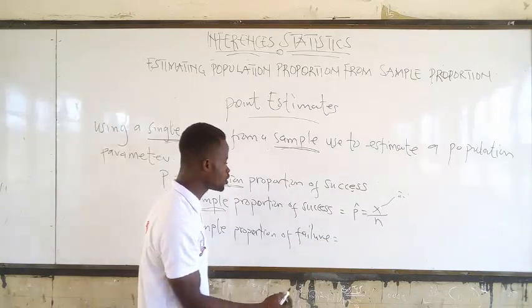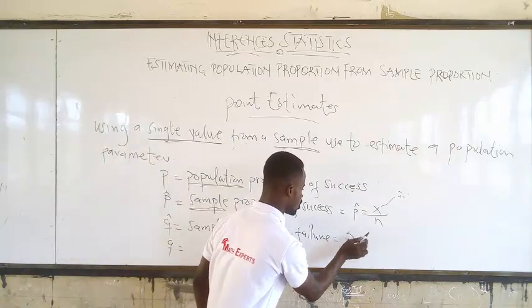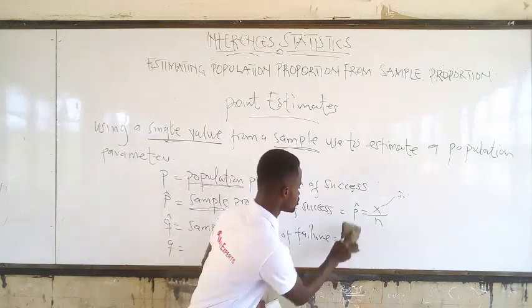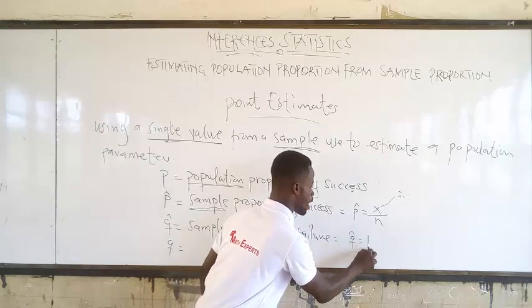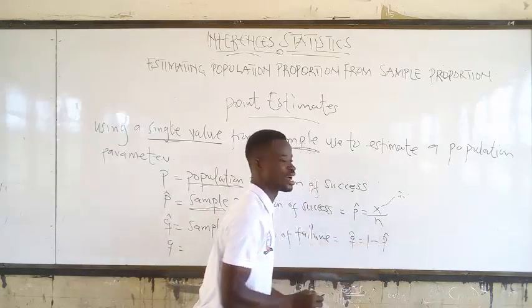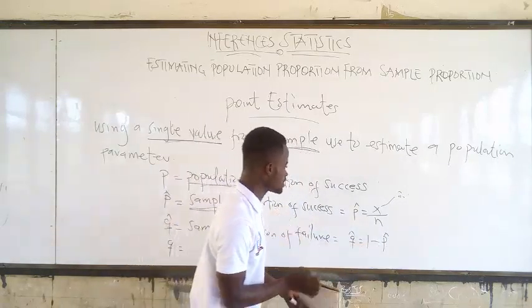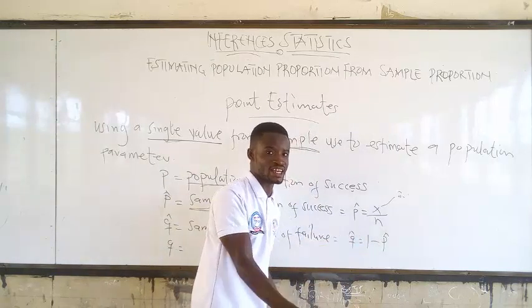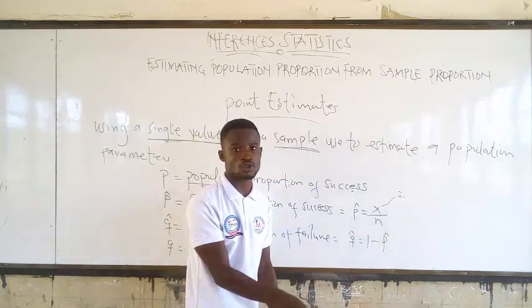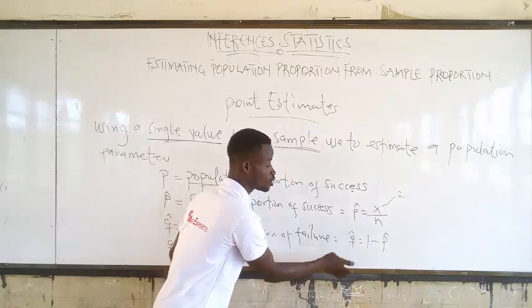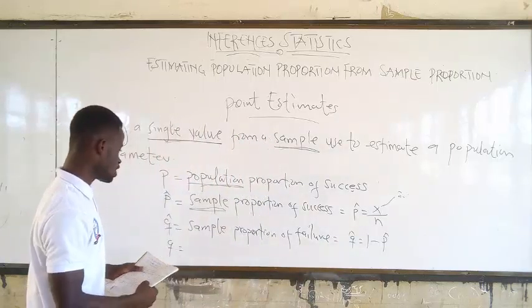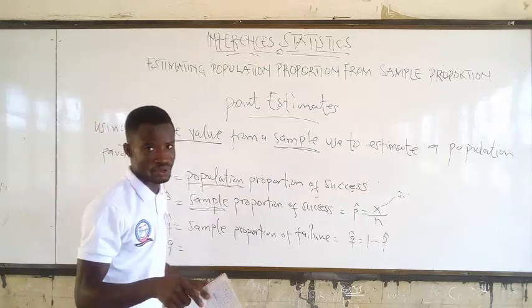Alright, so now that we have P hat, you can see Q hat will be easy for us. Because we know that Q hat will be equal to 1 minus the P hat. And since this cannot be greater than 1, there is no way that you can get a negative probability, unless you don't do it well.